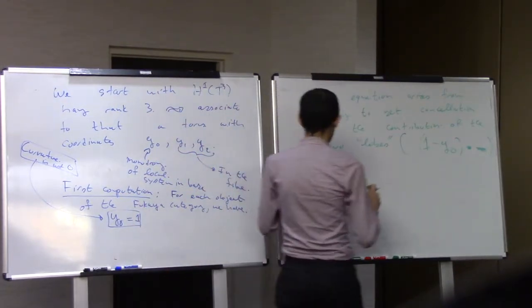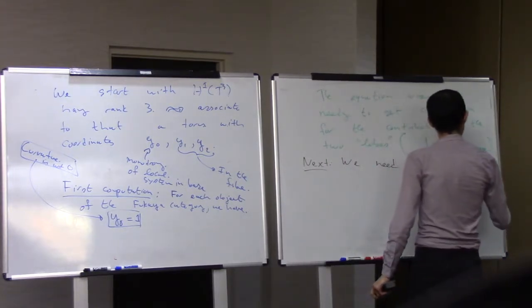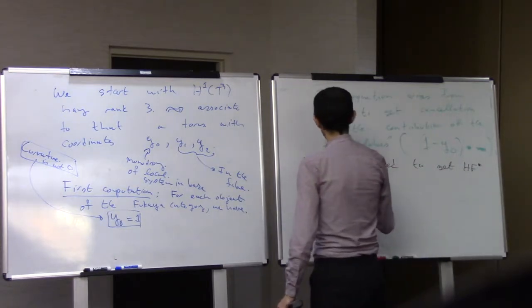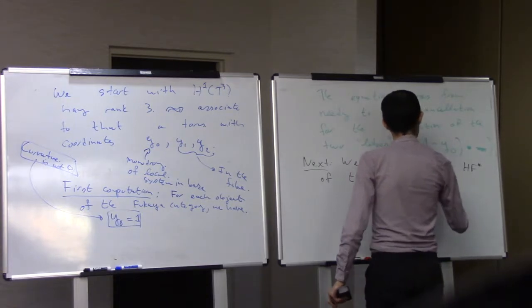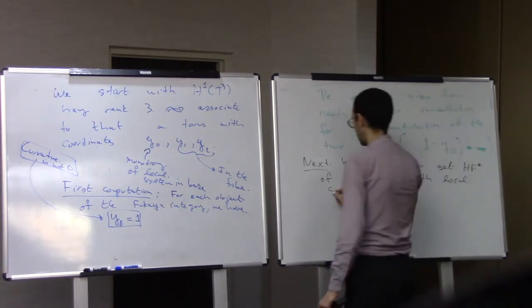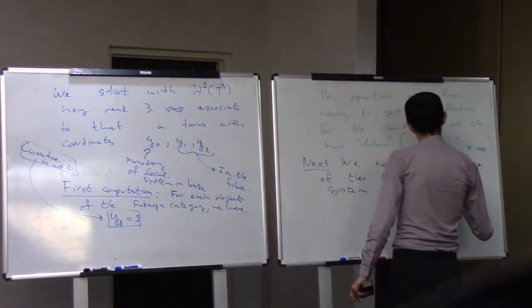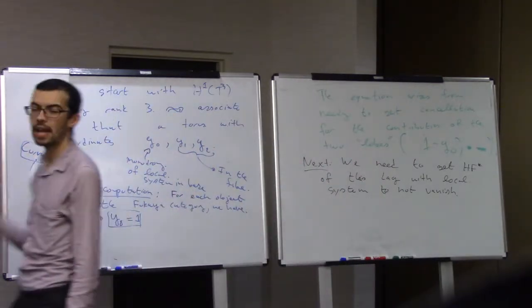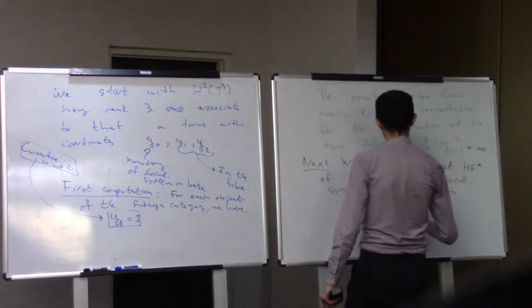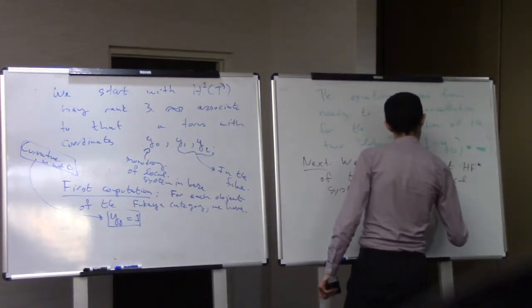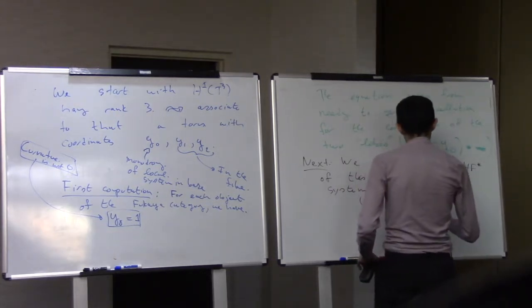And then you can do it in several ways, but next we need the Floer cohomology of this Lagrangian equipped with the corresponding local system to not vanish. And what does it mean for it to not vanish? It just means that the identity doesn't vanish. That's all you need. I.e., the unit is not in the image of the differential.